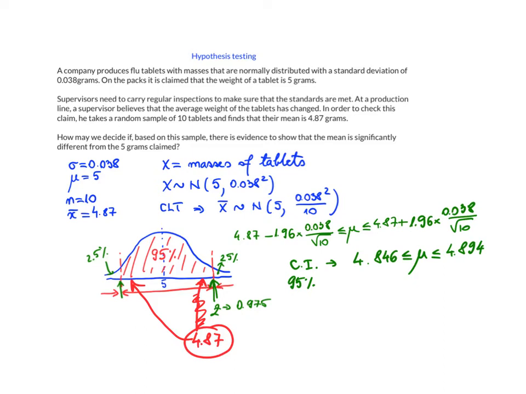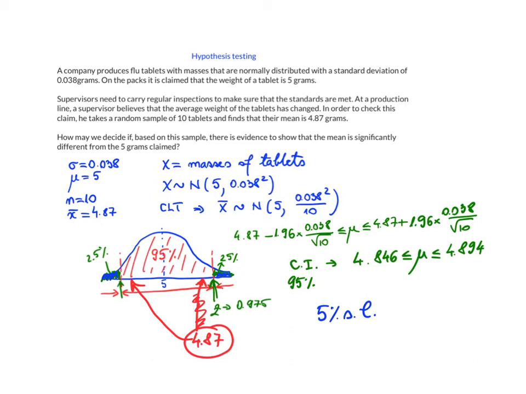So we will say that at a 5% significance level, 5% being outside, so we call the outside area the significance level, we can decide that the company produces flu tablets of a weight of 5 grams. In statistics, we can never be sure, but we have enough evidence at 5% significance level. What we've done actually is hypothesis testing. Let us formalize a bit what we've done.